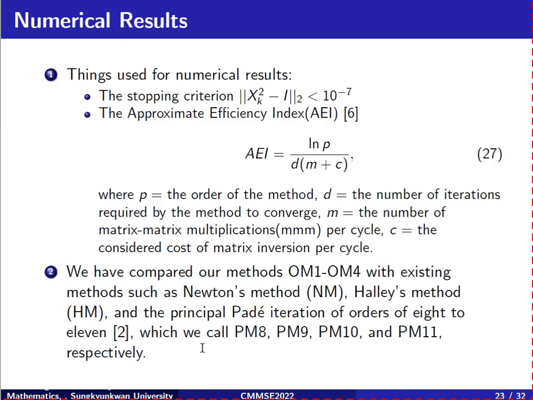Here are the numerical results. We used the stopping criterion like this, and we used an approximate efficiency index given by this formula. We compared our method with existing methods such as Newton's method, Halley's method, and the principal Padé iteration of order 8 to 11, which we call PM8, PM9, PM10, PM11.